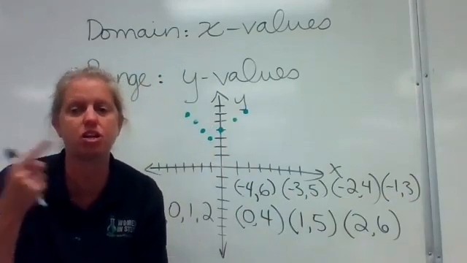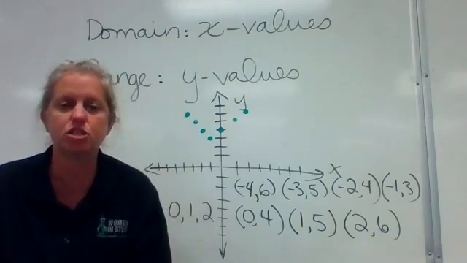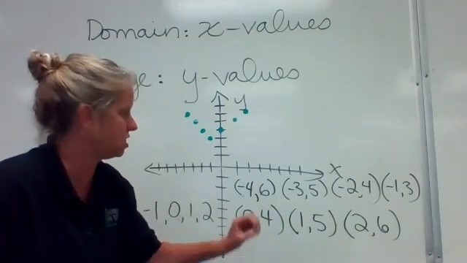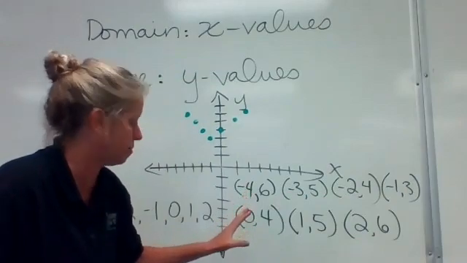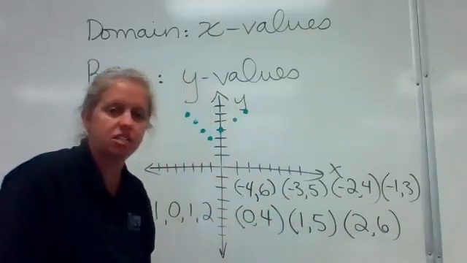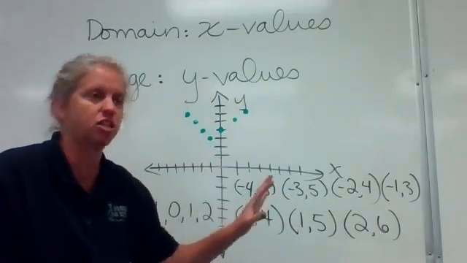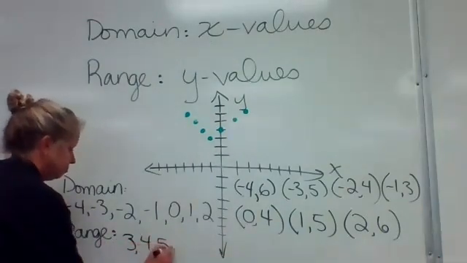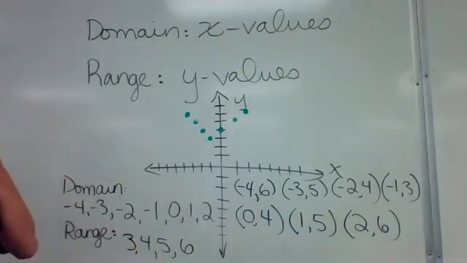I just need to write out each one of those numbers once. There's no need to write them twice. So let's see, starting from the smallest number in the range to the biggest. So 3, 4, 5, and 6 are the numbers that are in the y's. So there's your range.